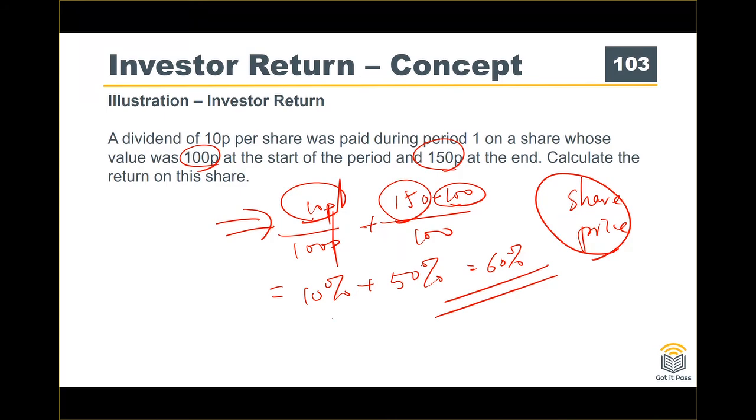And also you can find that only 10% comes from the dividend yield, but it can be 50% in the share price movement, or in the capital gains. So for the share price movement, we are looking at this topic here now.